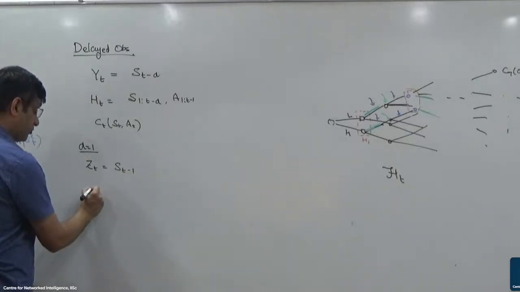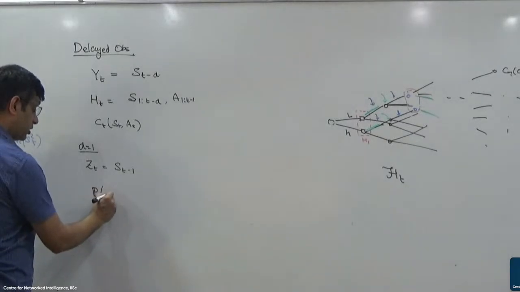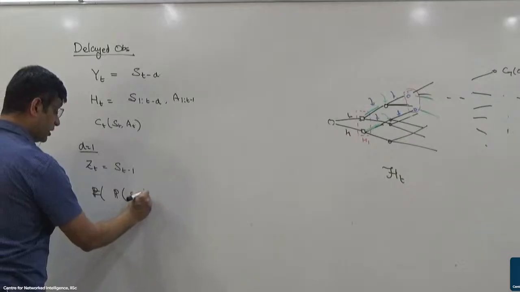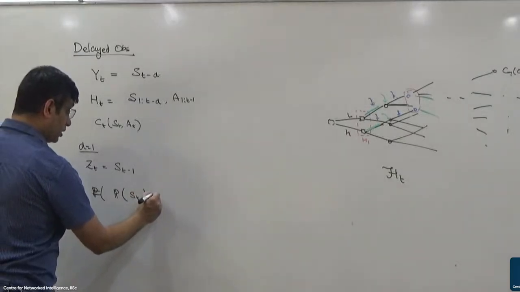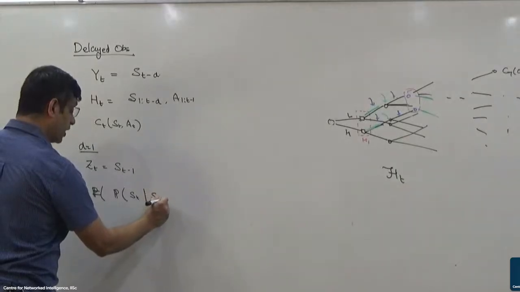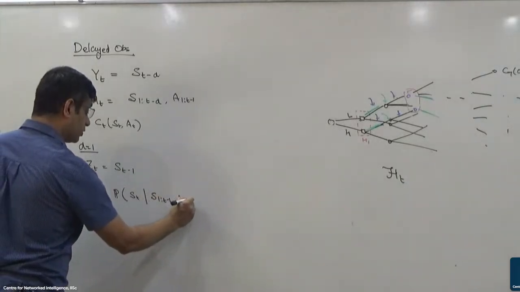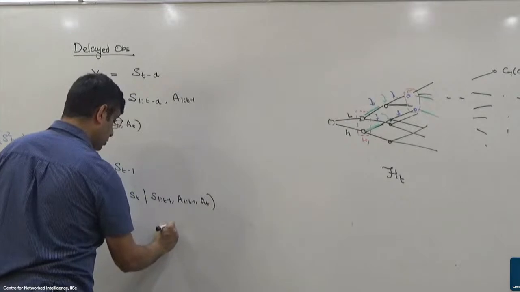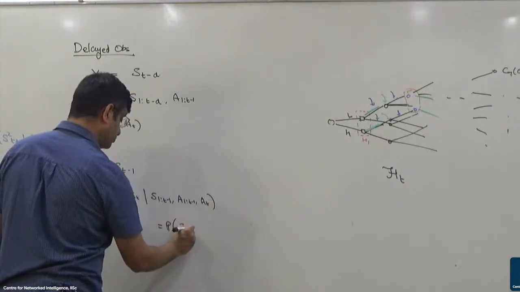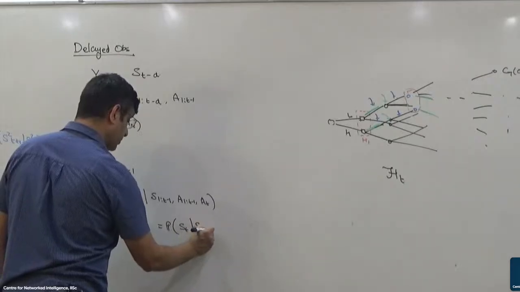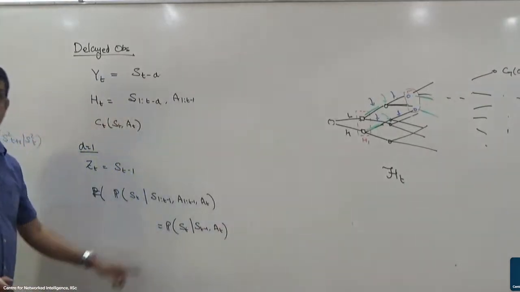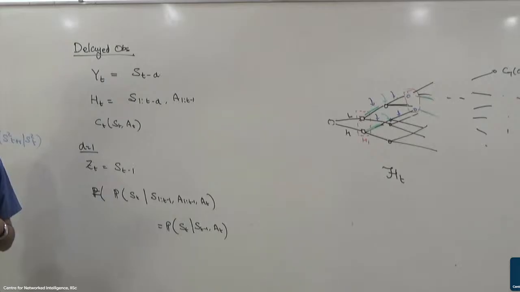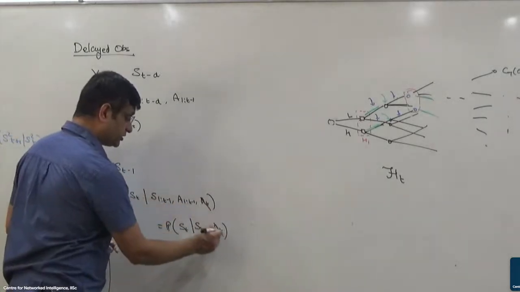To compute the expected cost, I really need a probability distribution on the current state conditioned on the history, which is S 1 to t minus 1, A 1 to t minus 1, and A t, to be equal to the probability distribution on S t conditioned on S t minus 1 and A t. If this is true, I could say that this is sufficient for evaluating the current cost. I don't really care about A t, so let's ignore that here because this is something in the future.